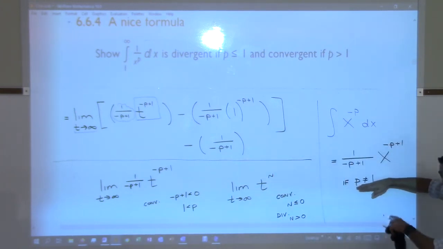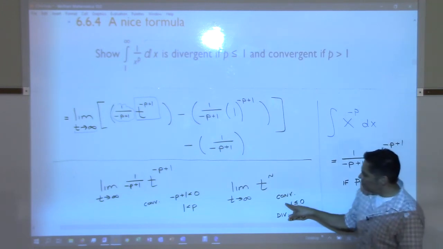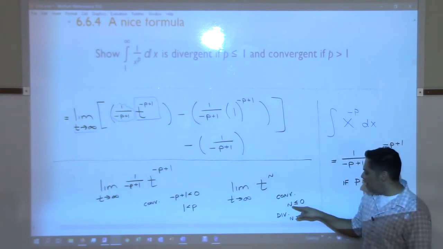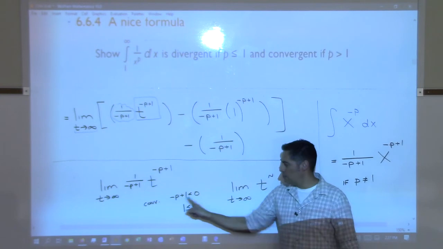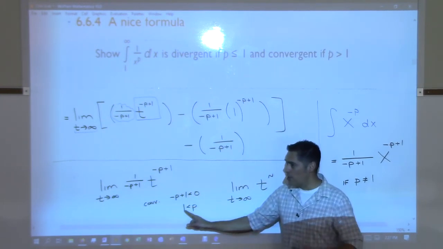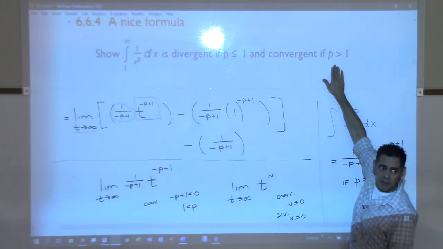Because we eliminated 1 as being here to begin with, we are going to use this. This right here will converge so long as this is not less than or equal to 0, but just less than 0, right? Which means that p has to be bigger than 1 for convergence, which shows this. Yes?